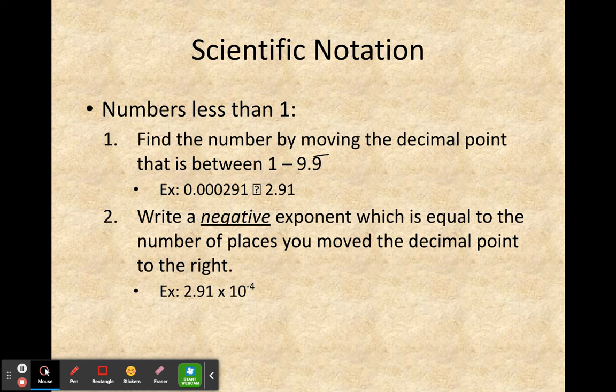Okay, so for numbers less than 1, you do the same thing for the first part. You still have to create a coefficient using the number that's between 1 and 9.9 in your number. So in the example, 0.000291, the only number that you can create is 2.91. So that has to be your coefficient.